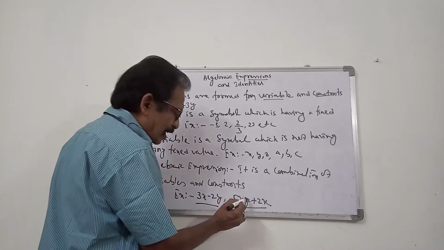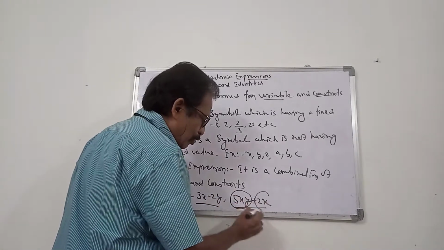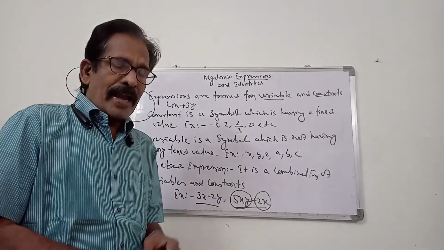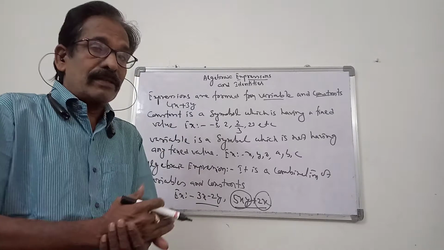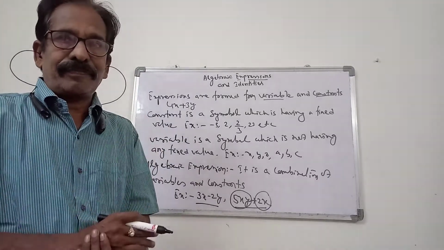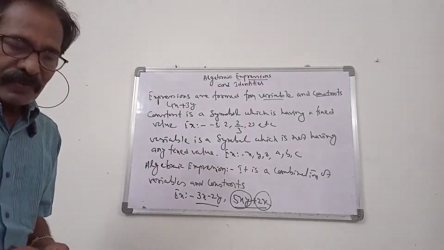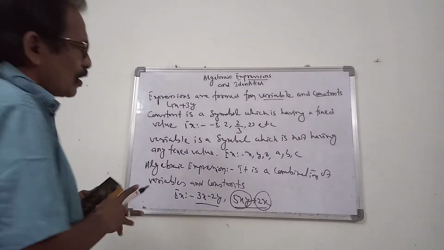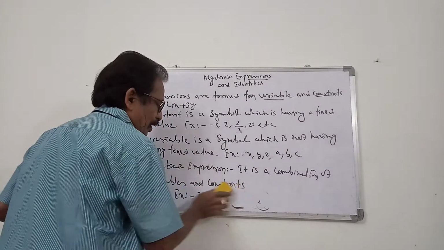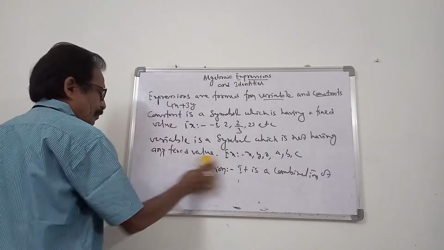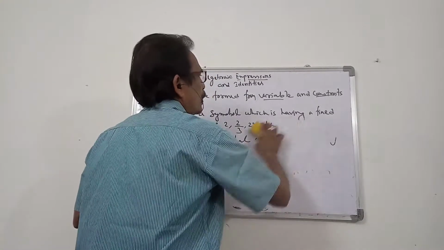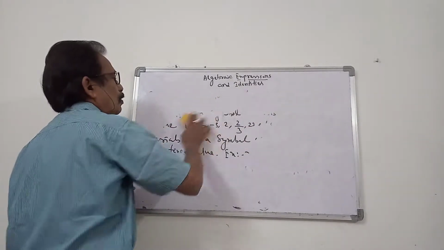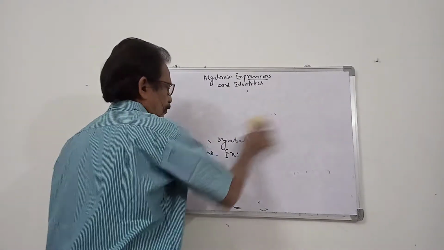Here two terms are there. 5xy is one term and 2x is also one term. Again the word term has come up, so the doubt arises: what is a term? Now we will discuss the term, then go further.